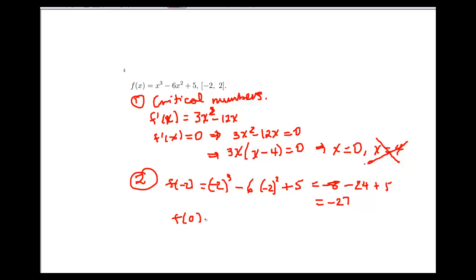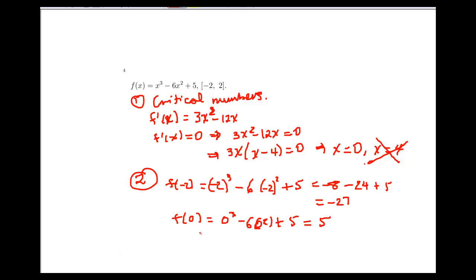Okay, that's f of -2. For f of 0, I like to work from left to right, so I have -2, 0, and 2 to look at. f of 0 is 0 cubed minus 6 times 0 squared plus 5. That gives you 5.